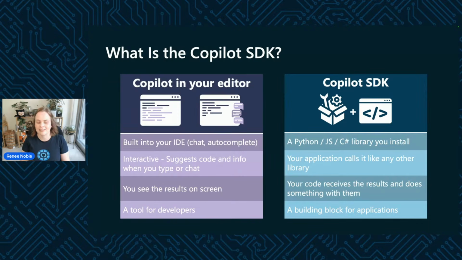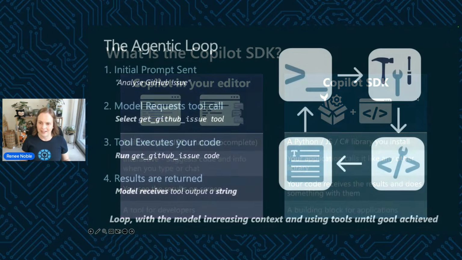That's using that same Copilot logic that's built into the model, but letting us put it inside something else. So it's really a building block for your application, where you receive that Copilot analysis or whatever you're trying to do, and then you do something with the result yourself. So that is the idea behind Copilot.